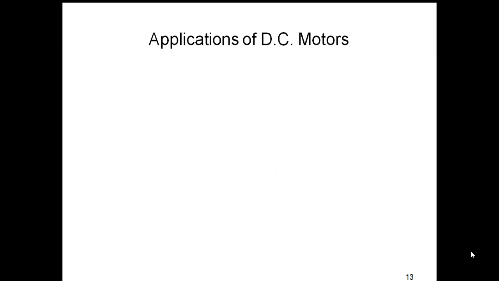Now let us see the applications of various DC motors. First of all, let us recollect the various DC motors.